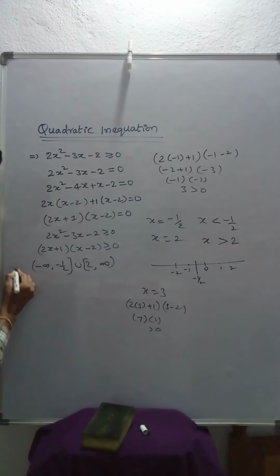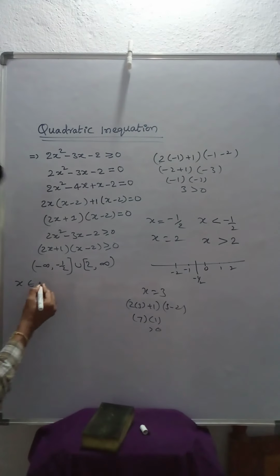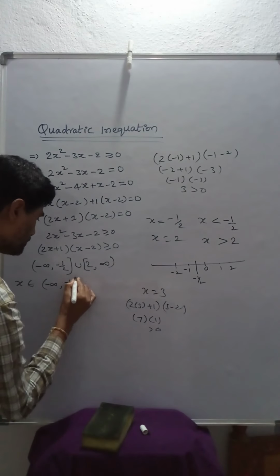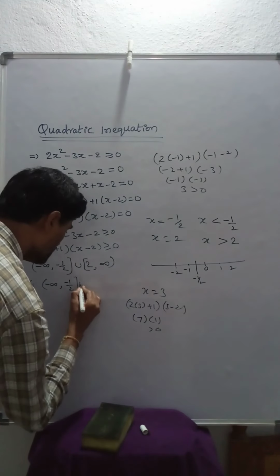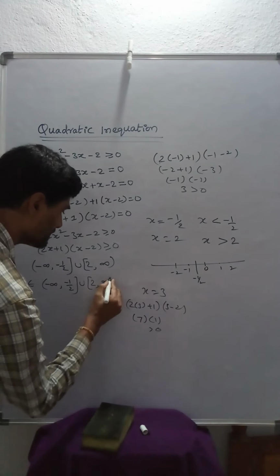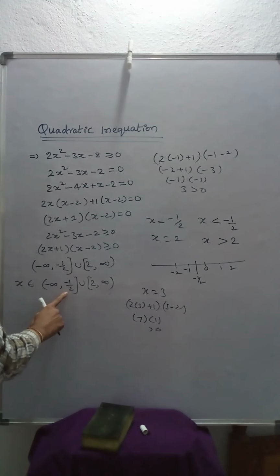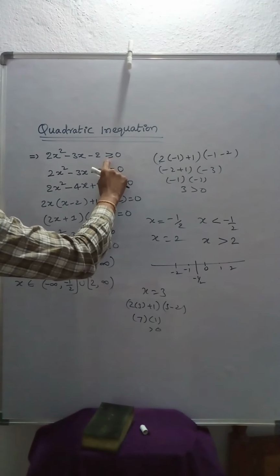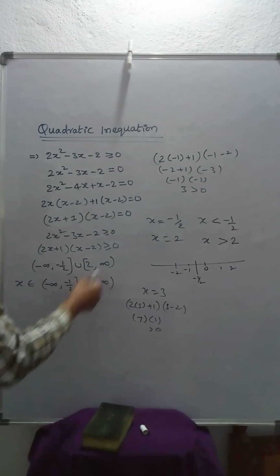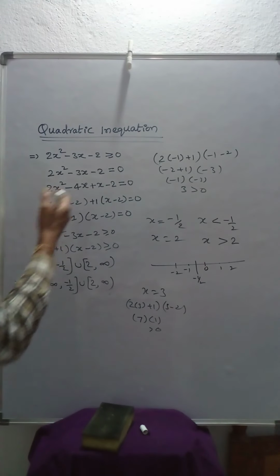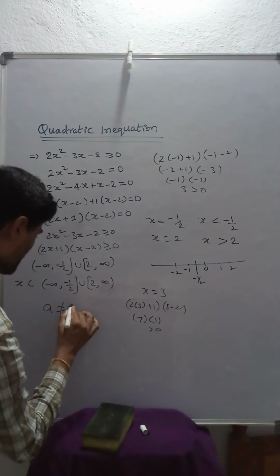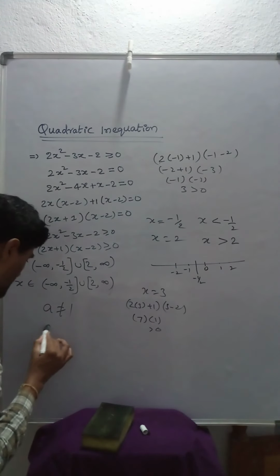So our solution set is: x belongs to the open set of minus infinity comma, closed at minus 1 by 2, union closed at 2 comma infinity, open. Because minus 1 by 2 is satisfying and 2 is satisfying because of the equality sign. And excluding these two, if you substitute, it goes with the greater than sign. Here we took a not equal to 1. That is our problem, and a is positive.